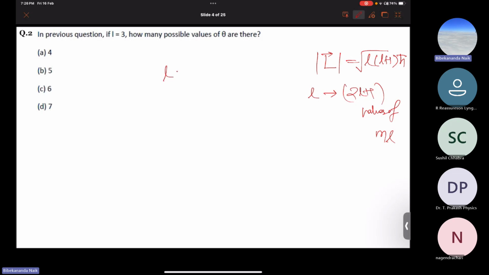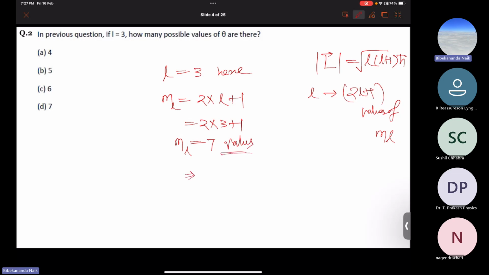So if l is 3 here, the number of values of ml will be 2 into (3 plus 1)... that is, 2l plus 1, which is 2 into 3 plus 1, that is 7. So ml has 7 values.